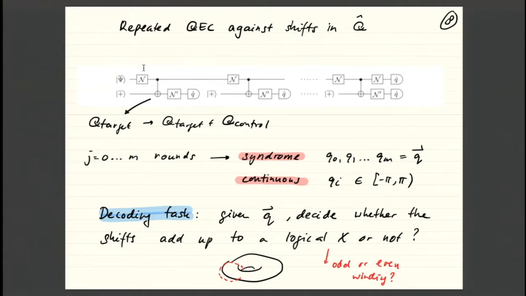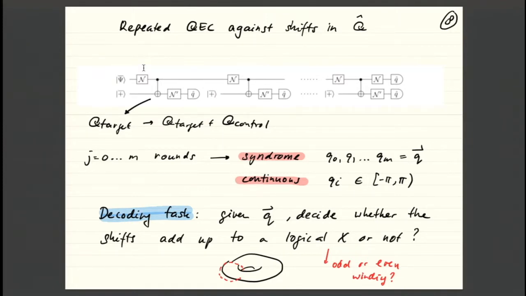Now, if this measurement was perfect, meaning that N prime was the identity channel, no added noise, then based on this measurement, and this is why you do this C0, you would learn what shift has happened. So what do errors do on this GKP? They shift P or Q, and if the shift is less than pi, I can correct it.